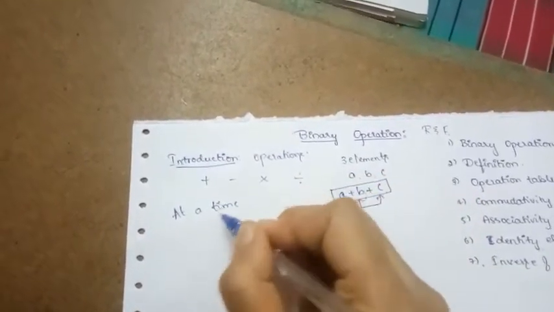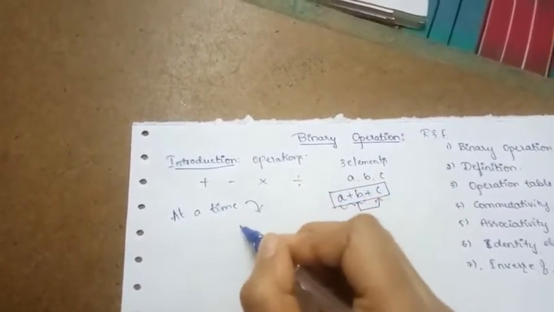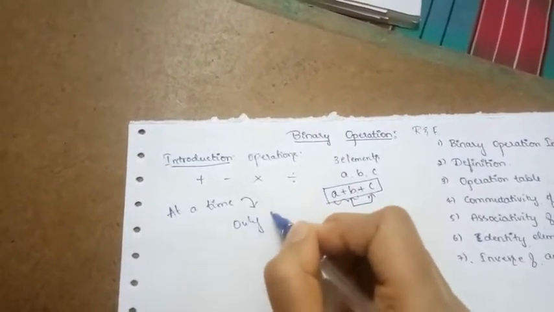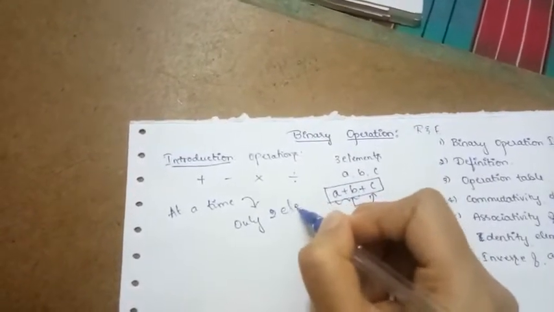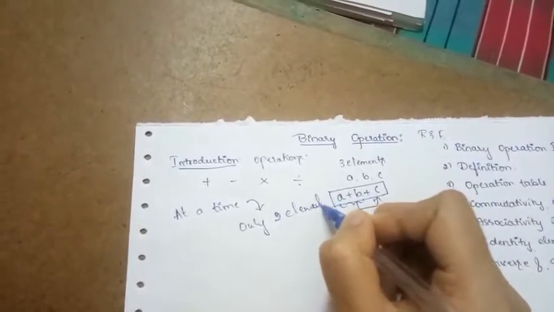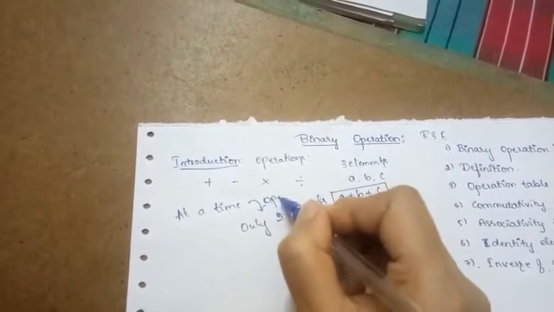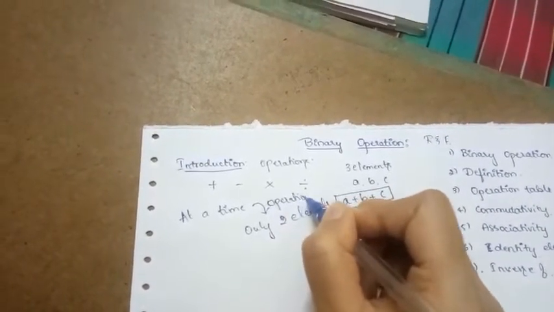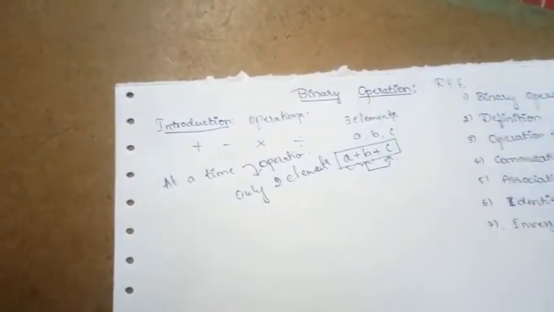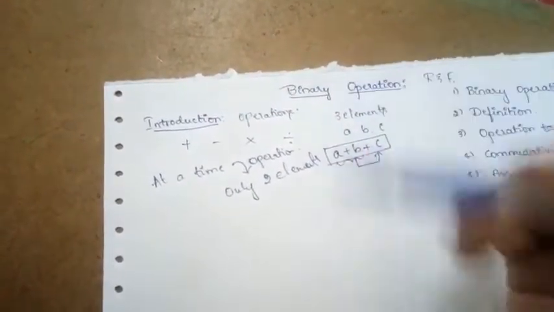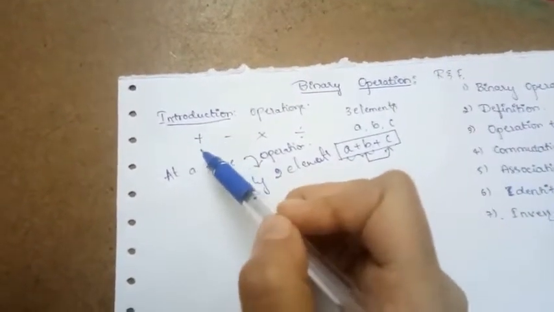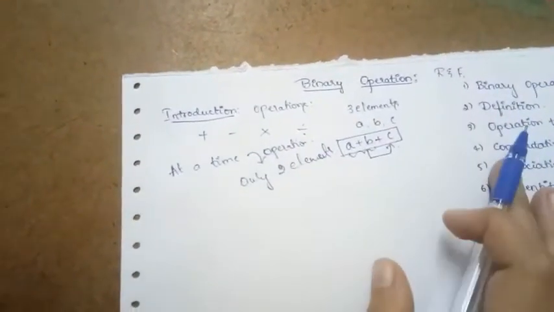Binary operation means that at a time, any operation is dealing with only two elements, and such operations are called binary operations. That does not imply that only these four are binary operations.